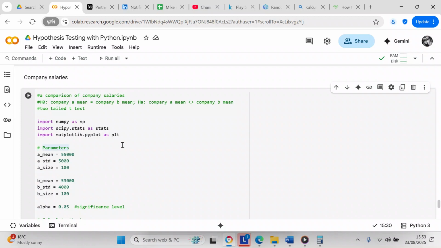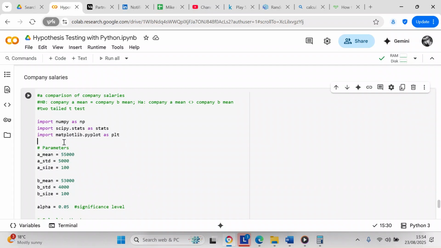It carries out numerical computations, it creates NumPy arrays, and it also creates distributions. We're going to import scipy.stats as stats. SciPy is Python's scientific library, and stats is a statistical module within SciPy. We're going to import matplotlib.pyplot as plt, which is the visualization library.